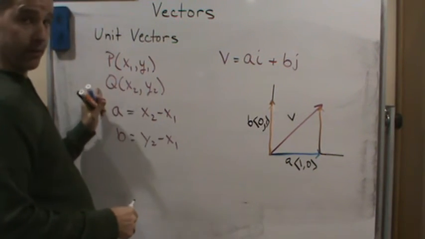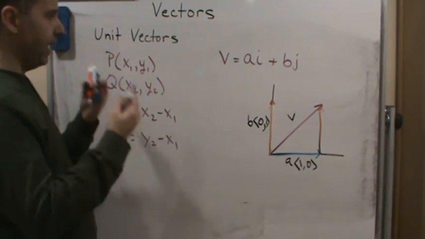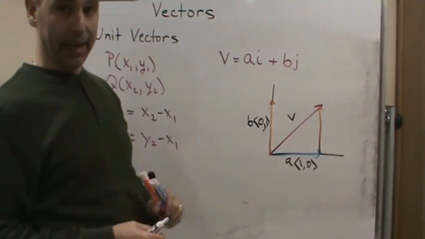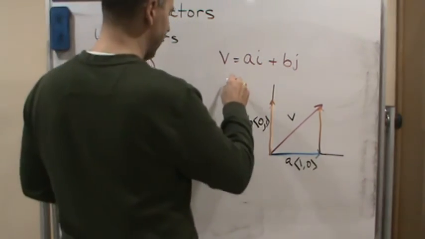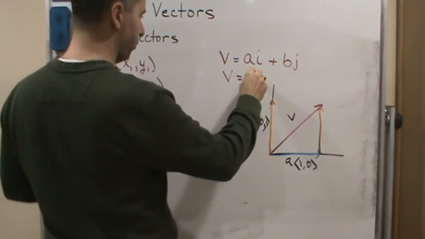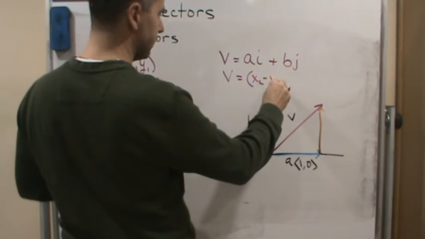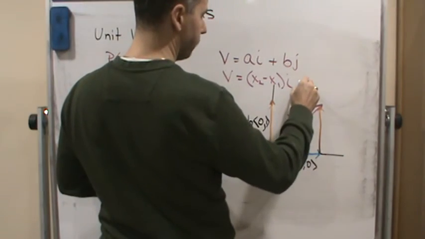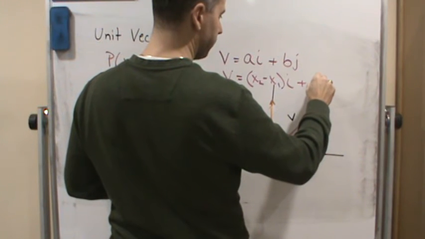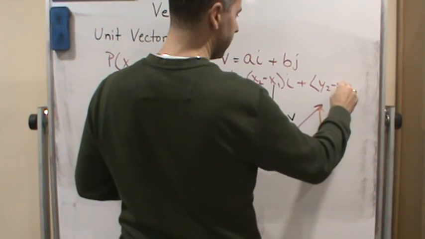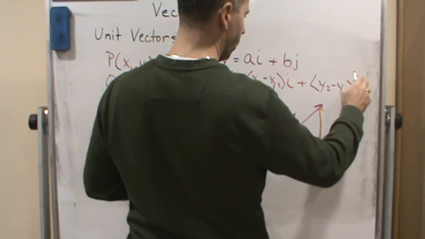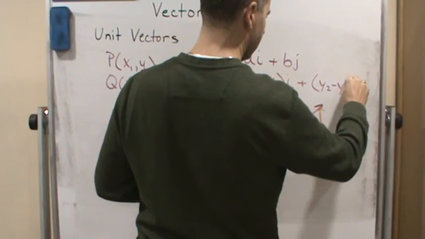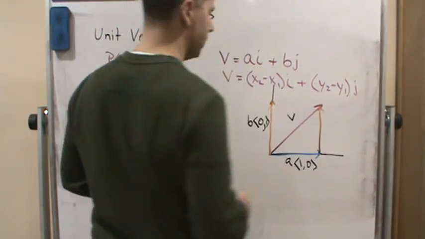which gives us the general form: if I give you any 2 points of a vector anywhere in the plane and I want to represent that vector in terms of i and j, then the vector is equal to (x2 minus x1) times i plus (y2 minus y1) times j.